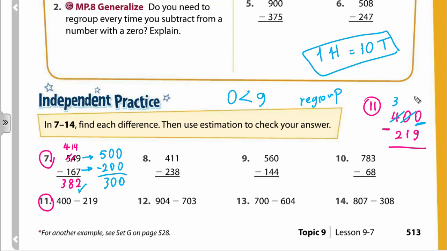So the 0 will become 10. And now we can regroup the ones and the tens.